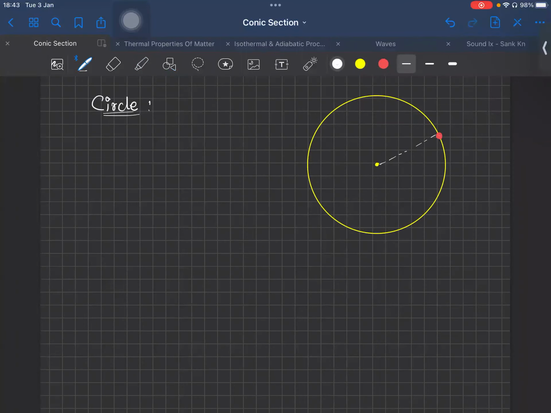That distance is called R. So this is the fixed point, and this length is a fixed length. Whatever points this red dot will trace is called a circle. And this fixed length is called radius. The fixed point is called center. Understood? That's what a circle is.